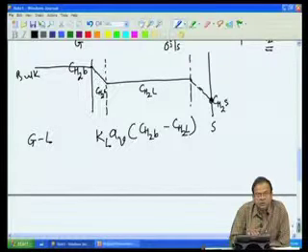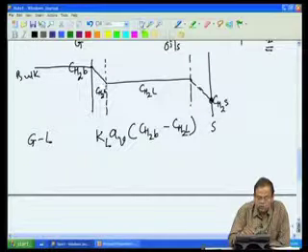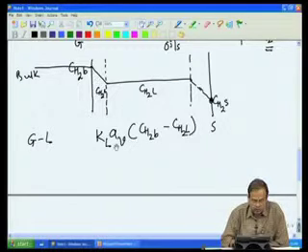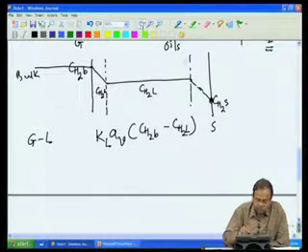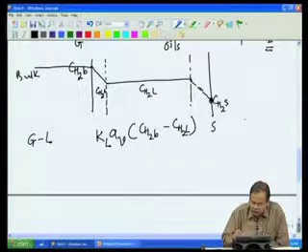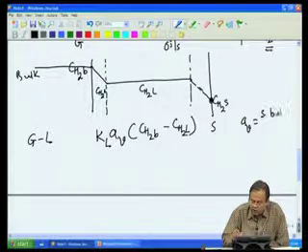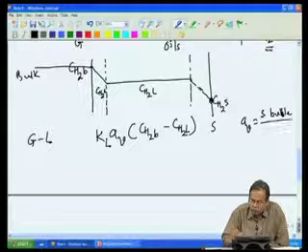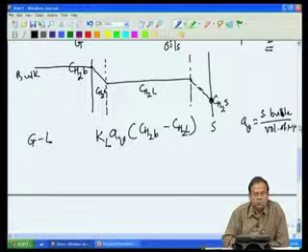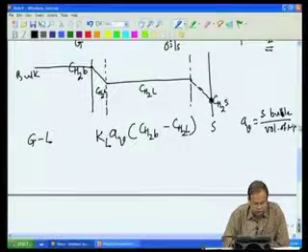The concentration difference between these two levels is my driving force, and that driving force is multiplied by the area available for mass transfer. AV here is the surface area of the bubbles per unit volume of the liquid, and KL is the mass transfer coefficient.